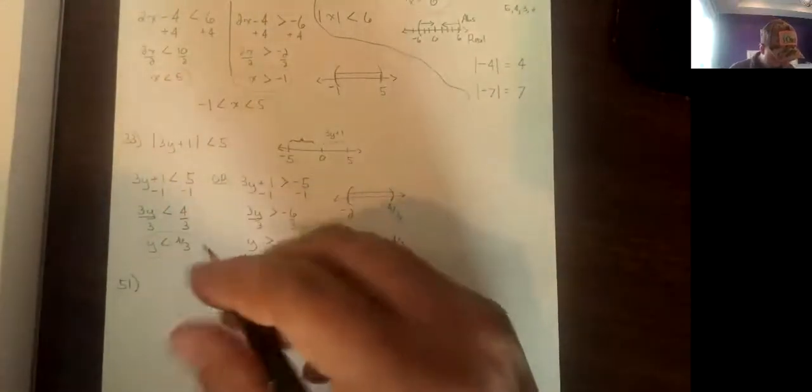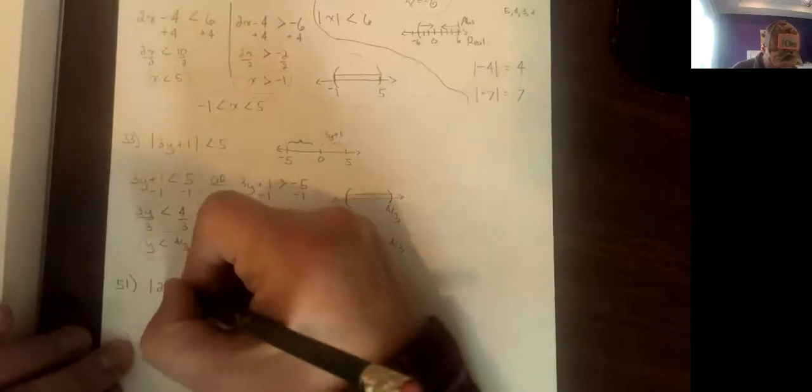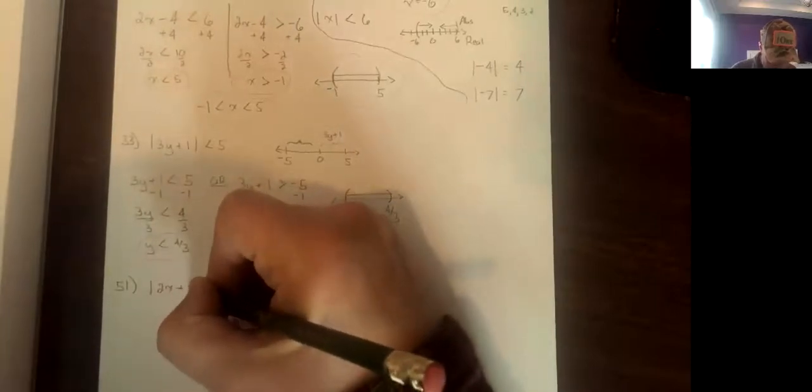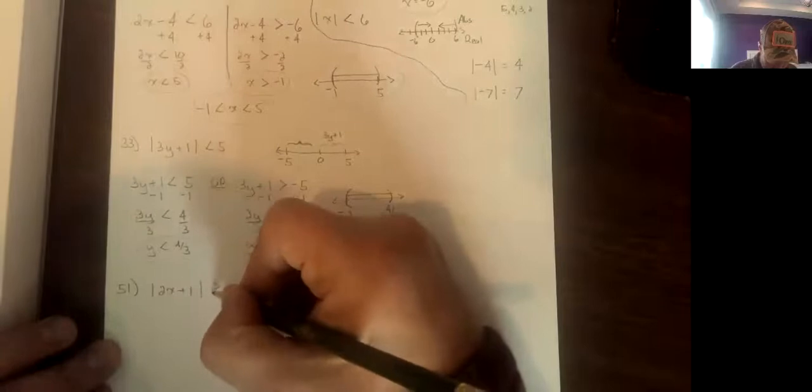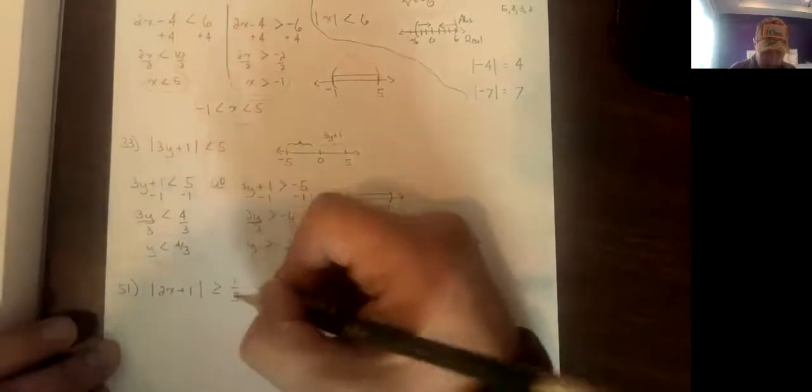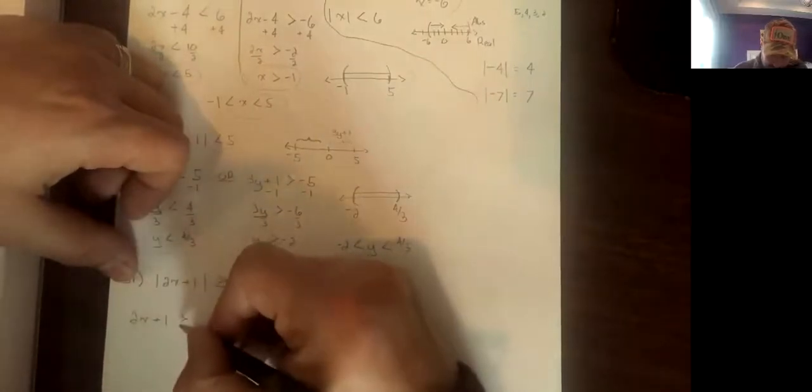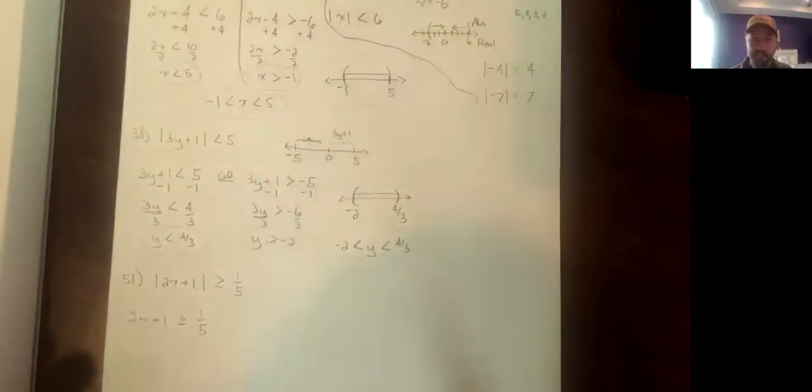Pretty exciting, isn't it? So 51, we have absolute value of 2x plus 1 is greater than or equal to 1/5. So again, I have 2x plus 1 is greater than or equal to 1/5. I literally just write it out. I don't change anything.